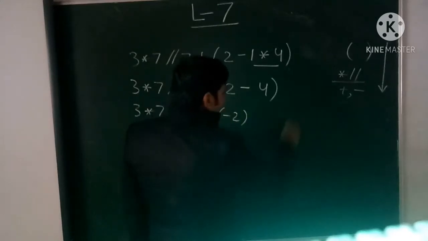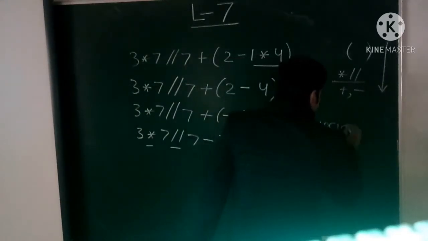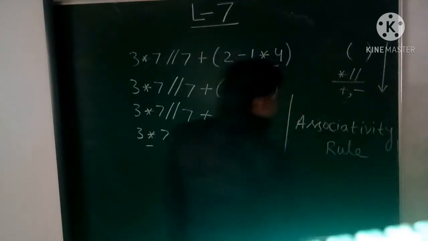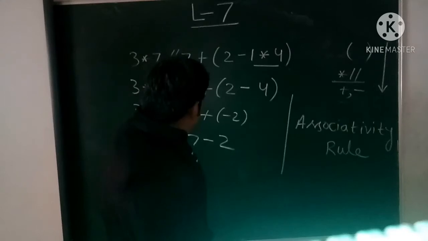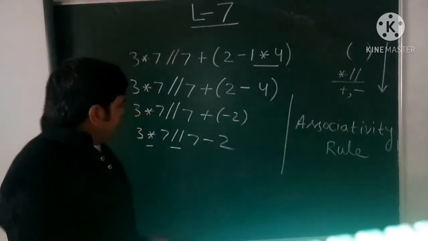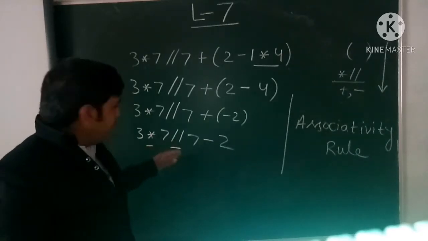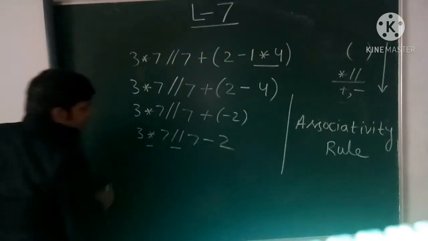The associativity rule says that while going from left to right in the arithmetic expression, if you encounter an operator first among operators having the same priority, that one is removed first.